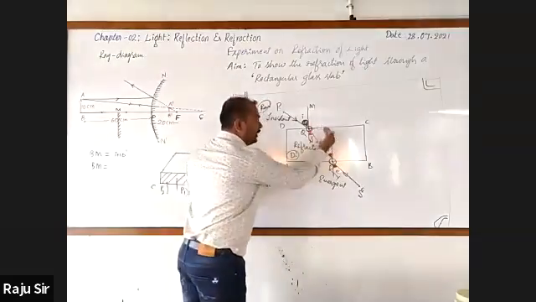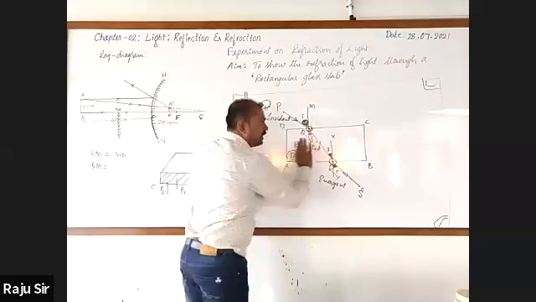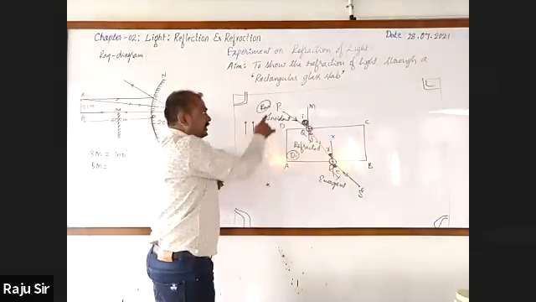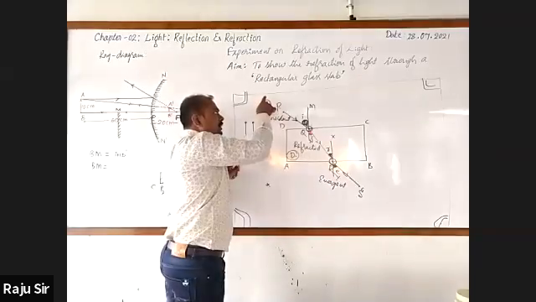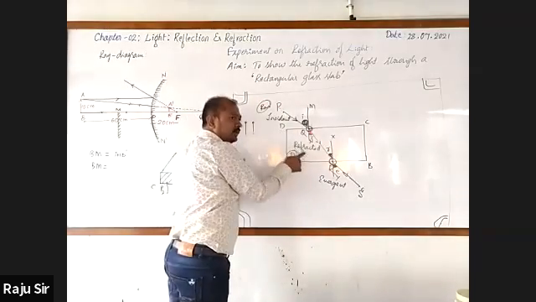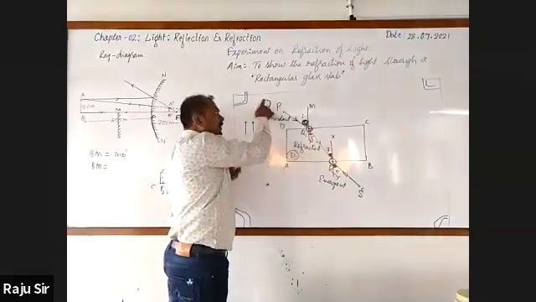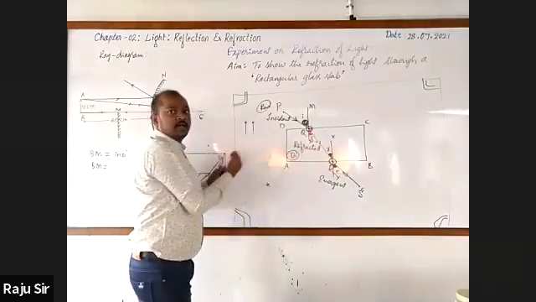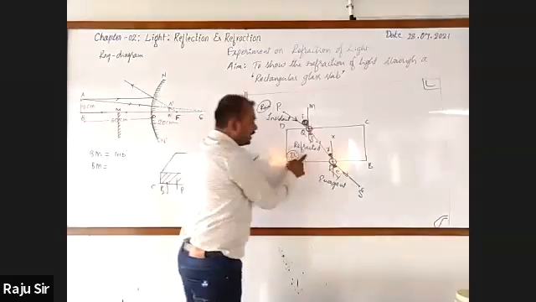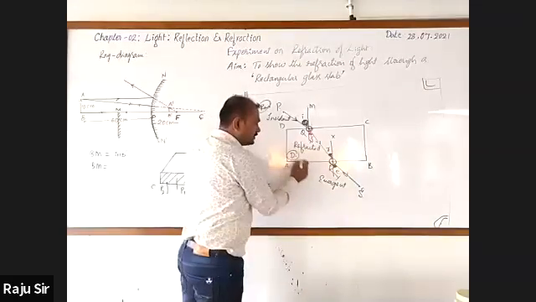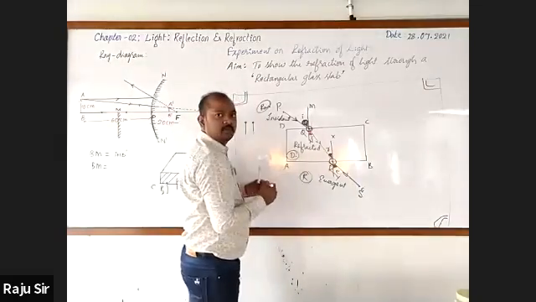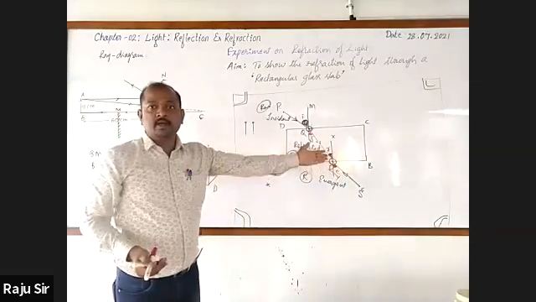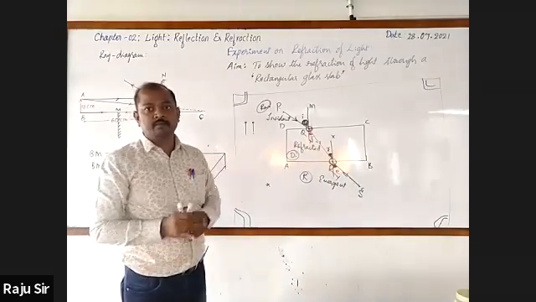Whether it is bending towards the normal or moving away from the normal. It is towards the normal. When a ray of light travels from air medium to glass medium, that is, rarer medium to denser medium, it bends towards the normal. Similarly, observe when it is traveling from denser medium to rarer medium, how it is bending. Away from the normal.